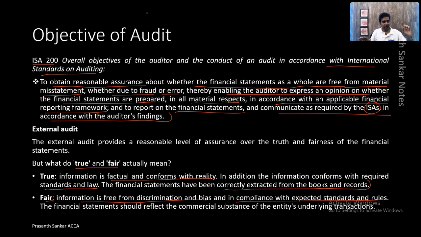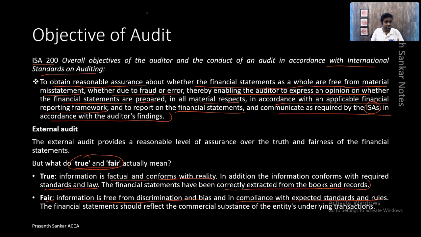Only if a transaction conforms to the reality, which means we have evidence to prove the transaction that it has occurred, and it has occurred as per the relevant accounting standards, we can say that the transaction is true and fair. And this is what an auditor tries to achieve.